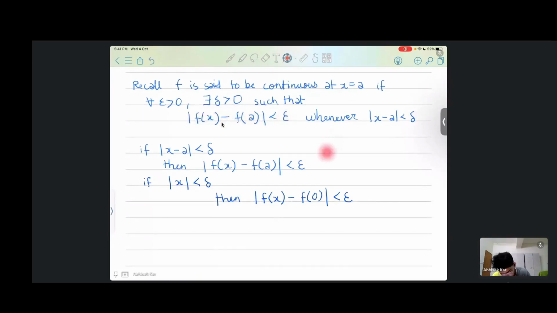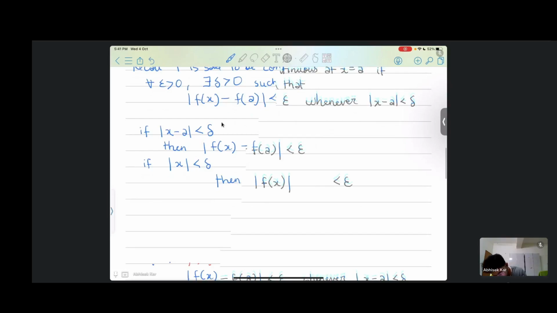So first, what is f(0)? 0 is actually a rational number. At a rational number the function takes the value 0, so let's put that here. So f(x) minus 0 will be mod of f(x) only. This is the condition we need to check.